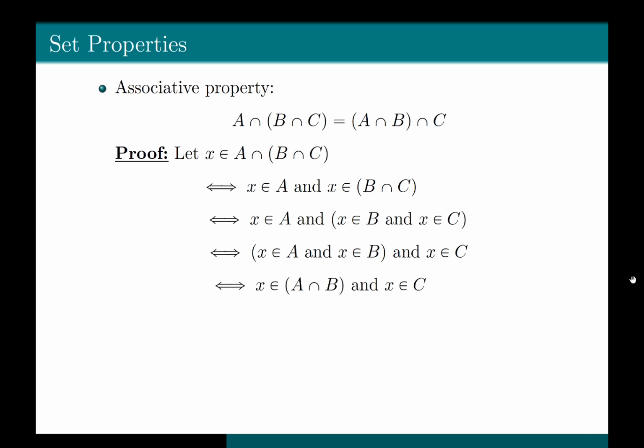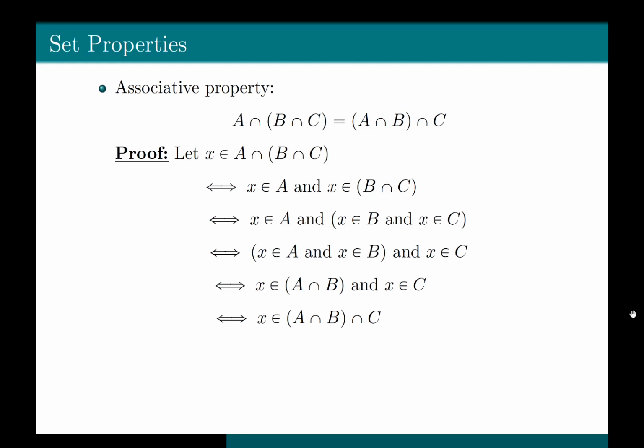So what do we have now? X belongs to A intersection B and X belongs to C. Now, if you look at this statement, it is similar to saying that X belongs to A intersection B intersection C. Okay, now again, this is an if and only if condition.